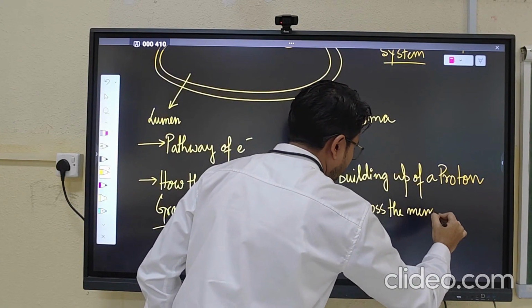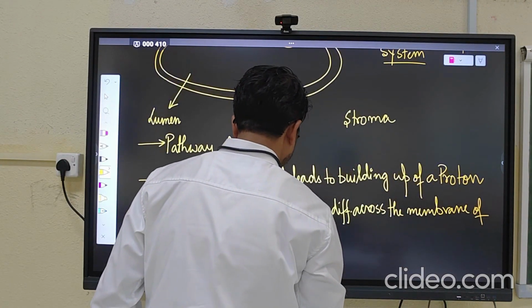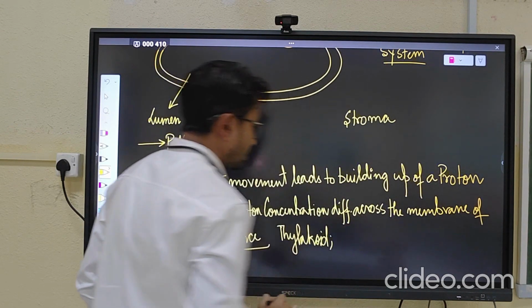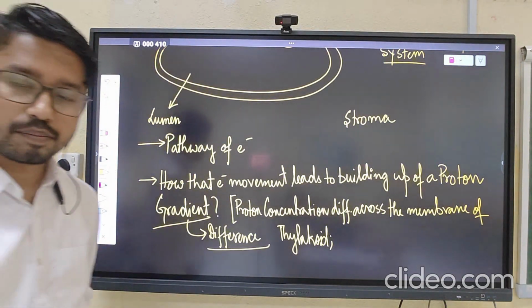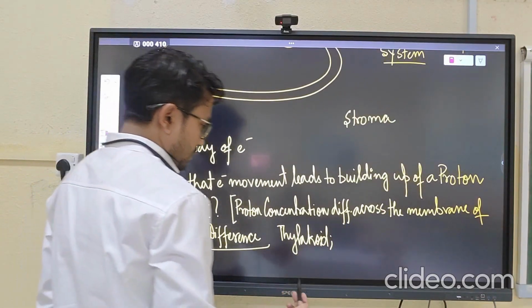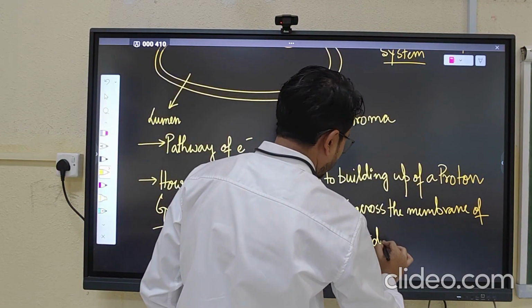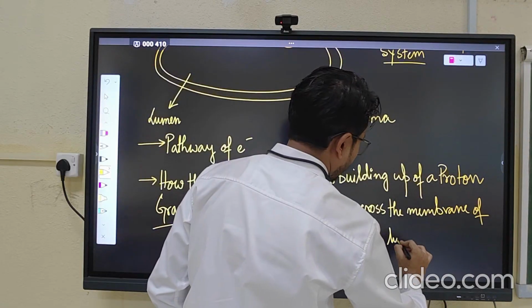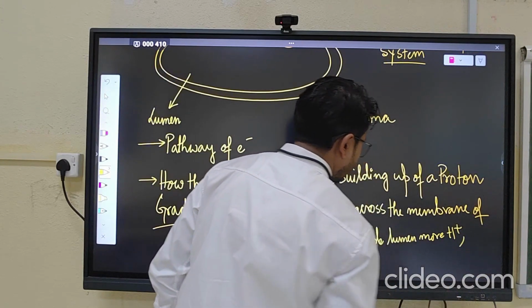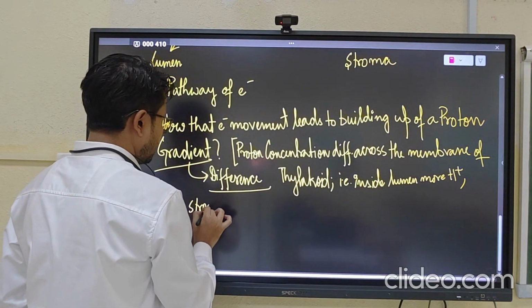That is, inside the lumen there are more protons, more H plus, and in the stroma it is less.